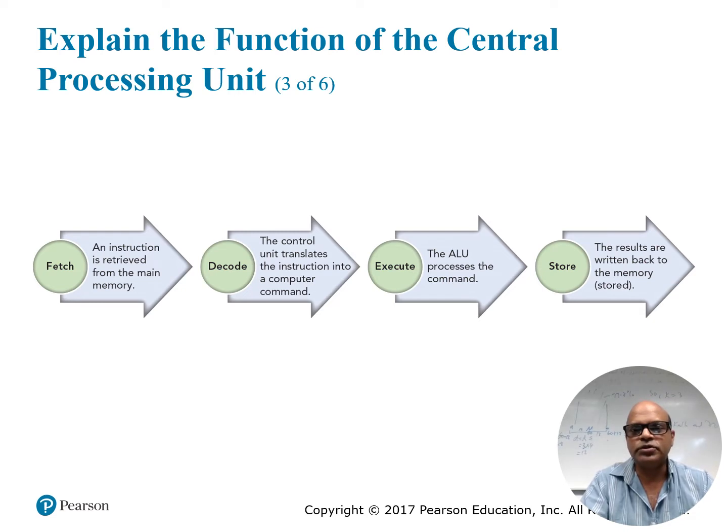The decode step translates the instruction into a form that can be understood by the CPU. In the execute step, the ALU processes the arithmetic operations and logic decisions, producing either a number or a value of either true or false. The store operation moves the results back to an internal register or memory location for future use or storage.